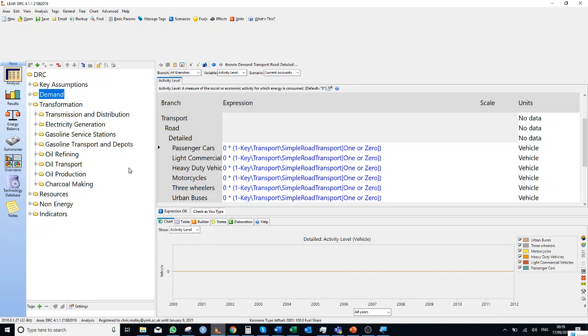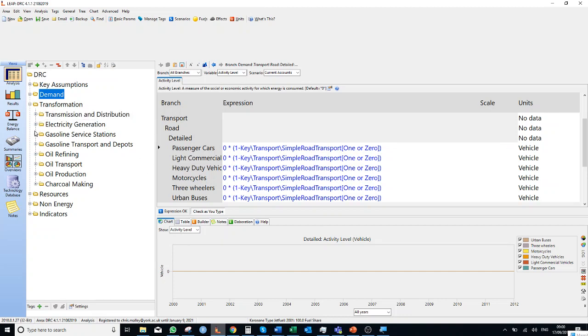So what I want to emphasize here is that we don't put into electricity generation the total amount of electricity generated. We do not enter the total electricity production from your energy balance. That is calculated by LEAP from the data that we enter into demand.